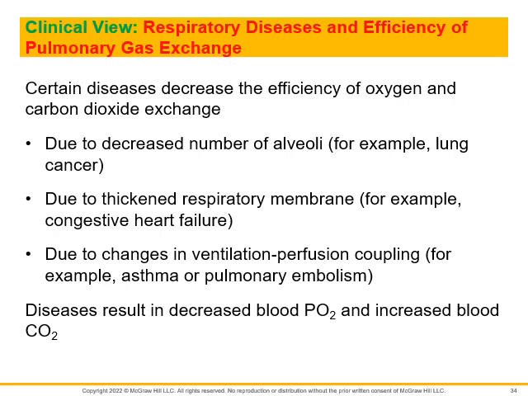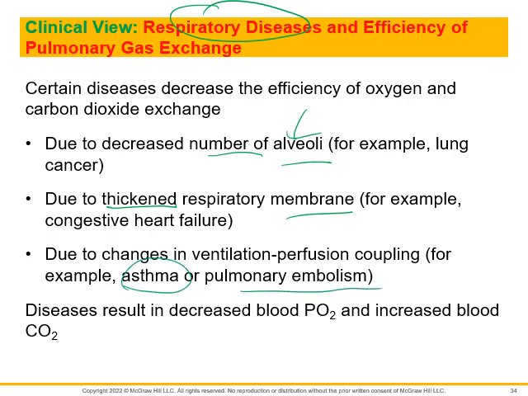So they're trying to show you that if you have some sort of respiratory disorder or disease, it can affect the number of alveoli. It can happen because of thickened respiratory membrane. We can see changes in the bronchioles, like with asthma, or you could see pulmonary embolism. Something is blocking the perfusion of blood, or the perfusion of air.